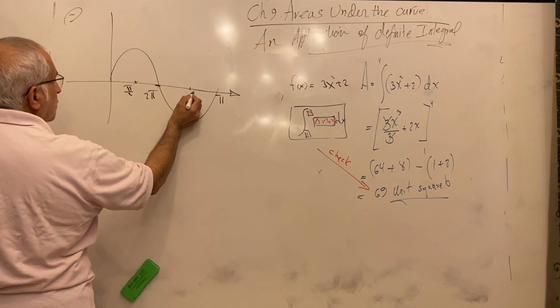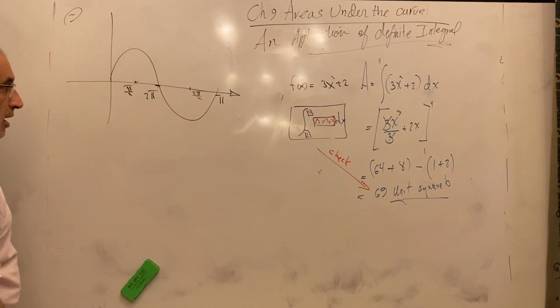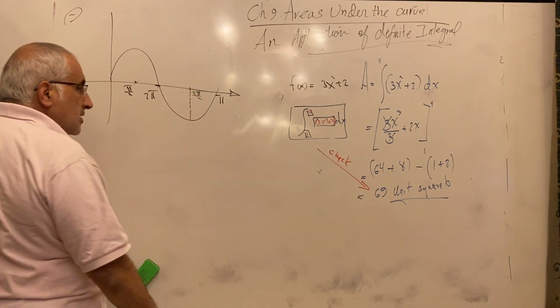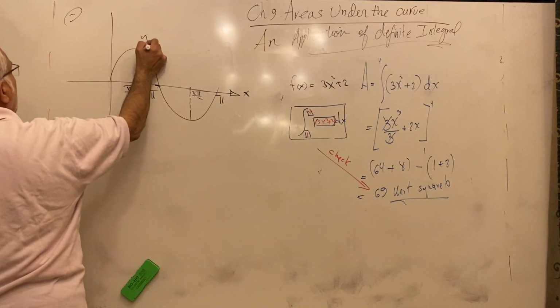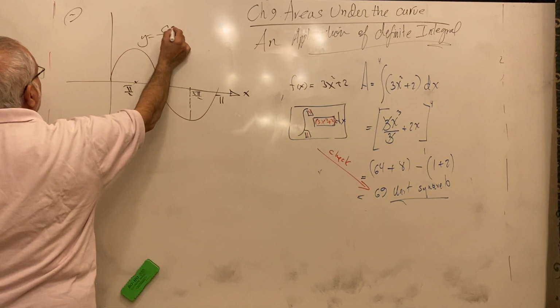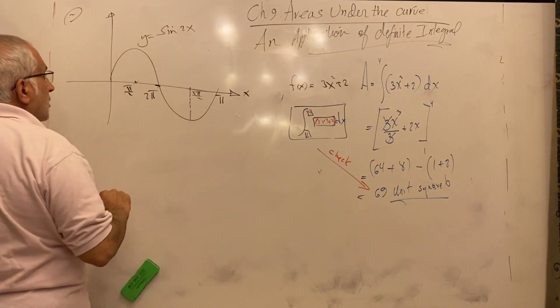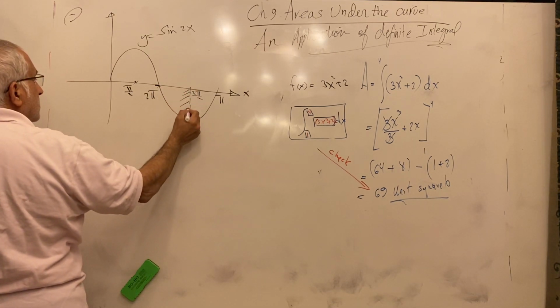Halfway is 3 pi over 2. What am I looking for? Am I looking for the area bounded between the x-axis, which is that, and the curve whose function is sine 2x. You can write y of x.